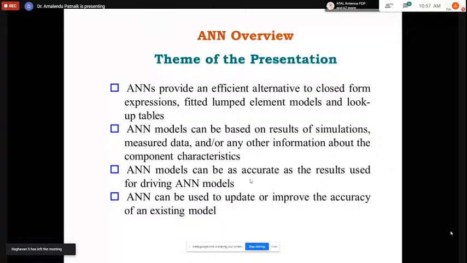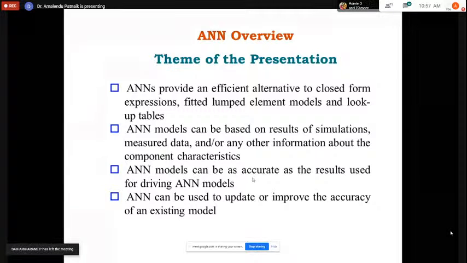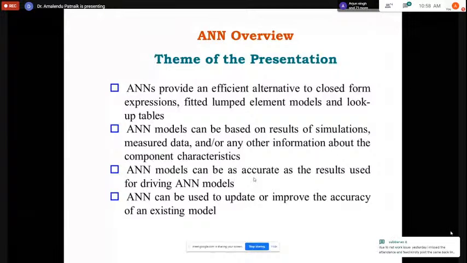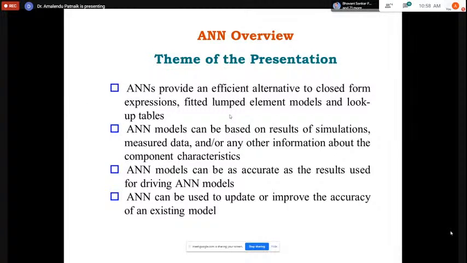So those who have the basic idea about artificial neural networks must have the knowledge that to train these networks, we need initial data sets, right? So the accuracy of the response of a neural network will depend on the accuracy of the data that you have used for training these networks.